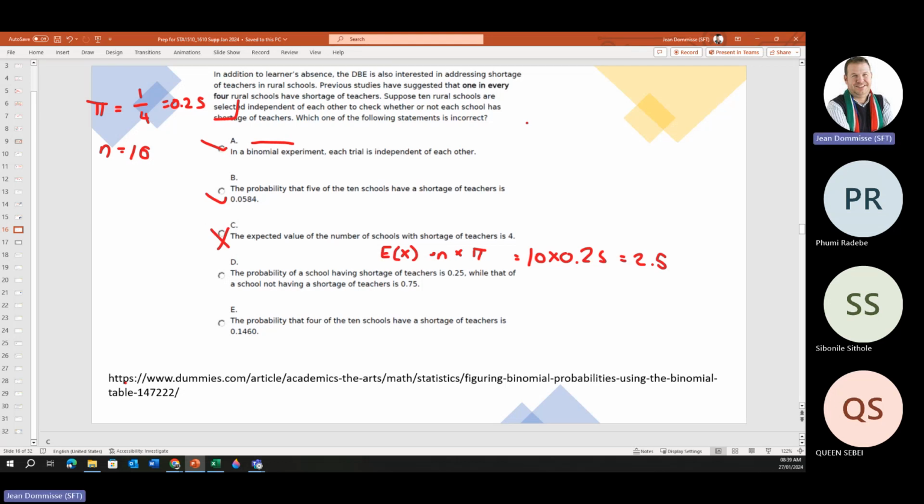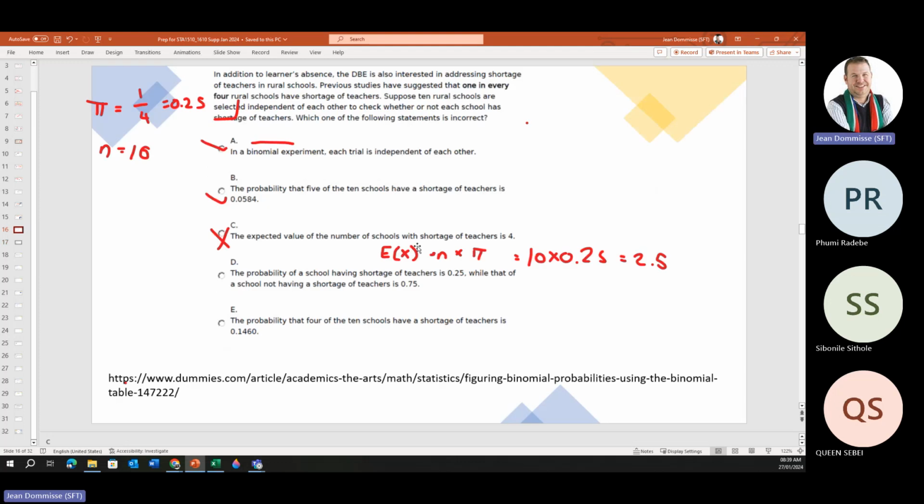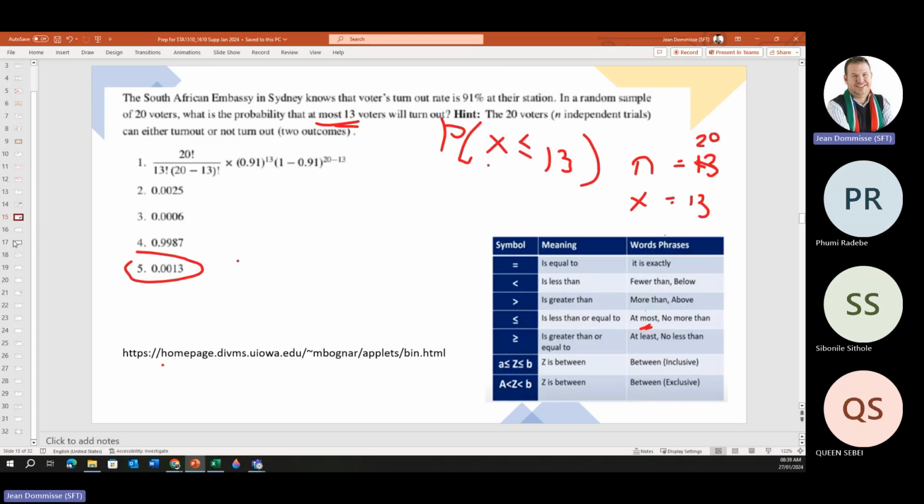Then there were questions on the chat about sometimes looking at the formula. Please never use the formula to work out the probability. It will just take time and you can make mistakes.